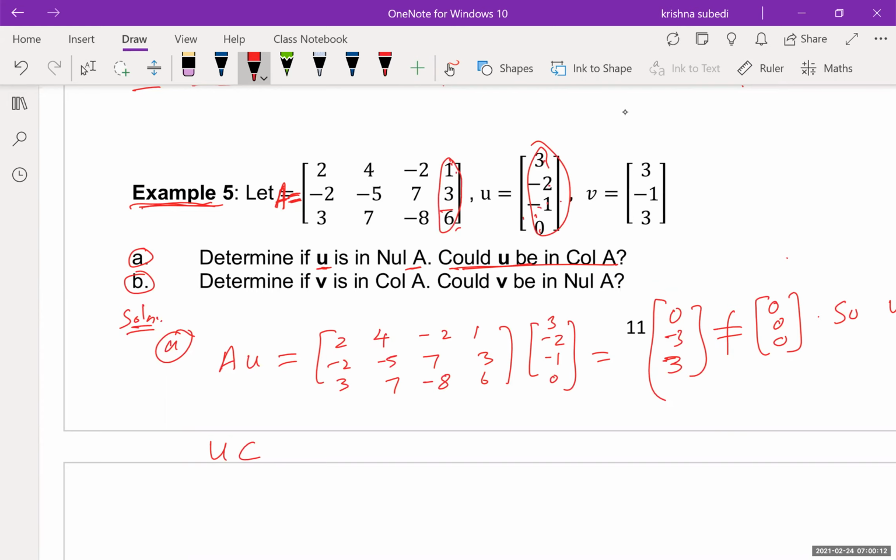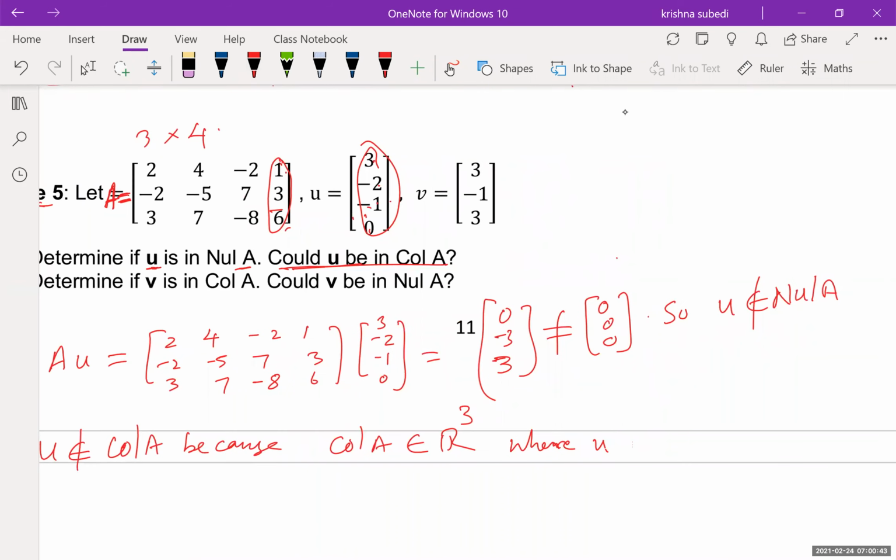The column space of A is a subspace of R3, since A is 3 by 4, whereas U is in R4.